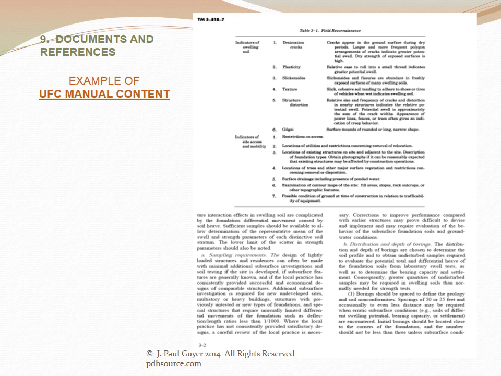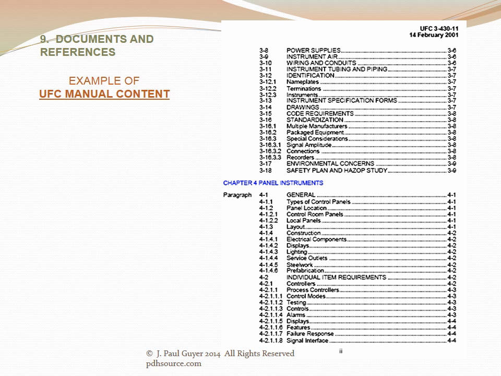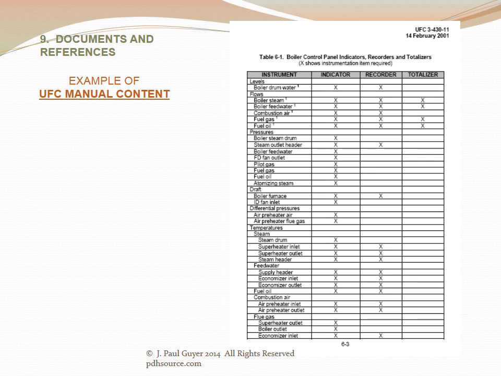Another illustration from a Unified Facilities Criteria Manual. Another look at a table of contents from a Unified Facilities Criteria Manual. And you can see the detail contained in these manuals on these slides.